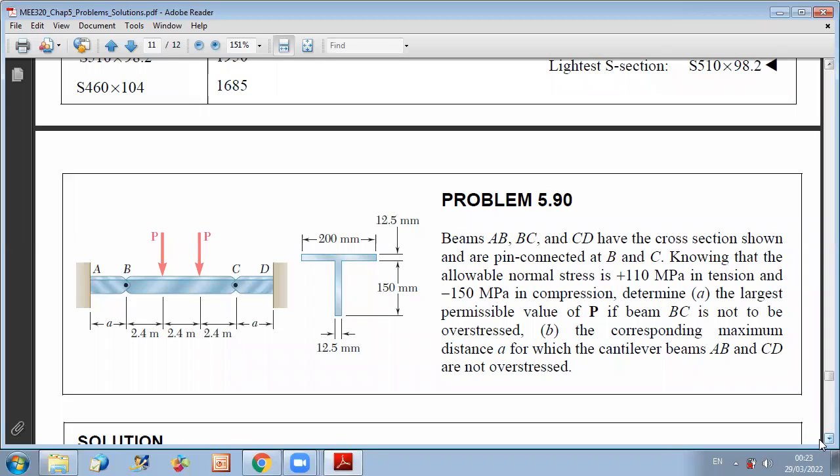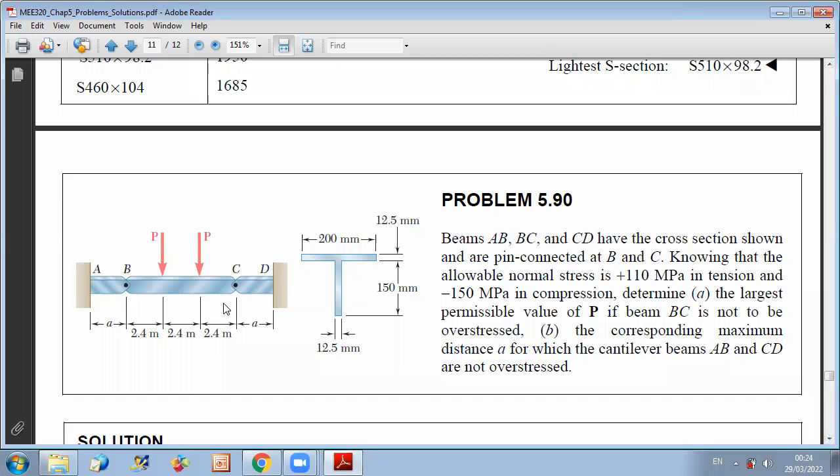Okay, so the first step to do is to draw the shear and bending moment diagram. Since P is unknown, I will express values of shear and bending moment as a function of P to determine my critical bending moments. Then this will allow me to determine the maximum value of P to not exceed the allowable stress in tension and in compression. To start with, let us do a small analysis of this beam.